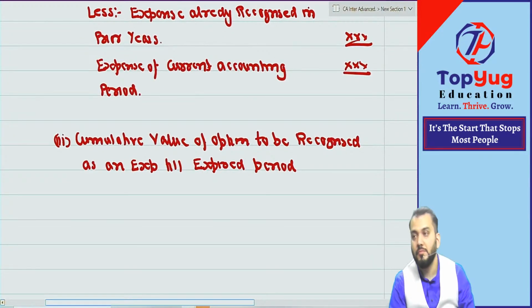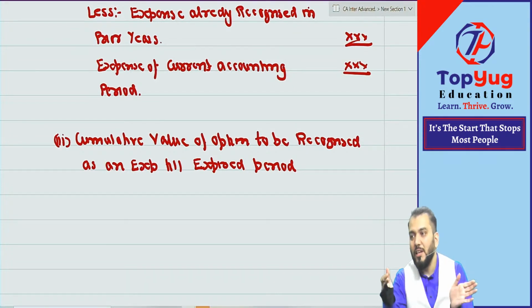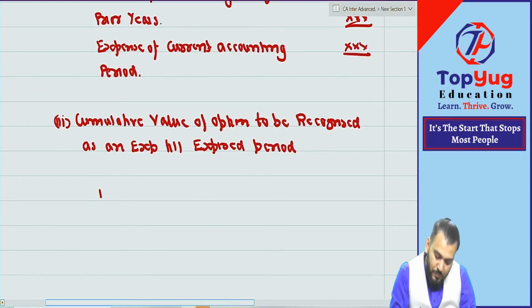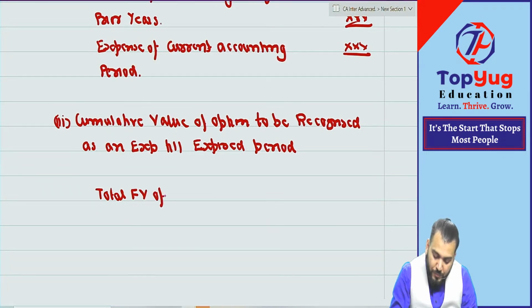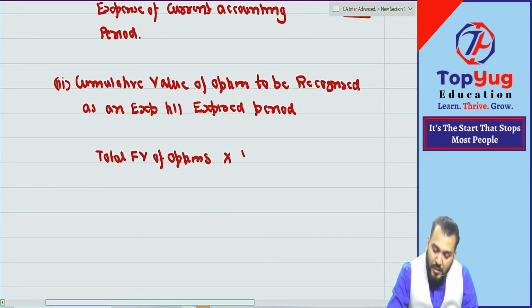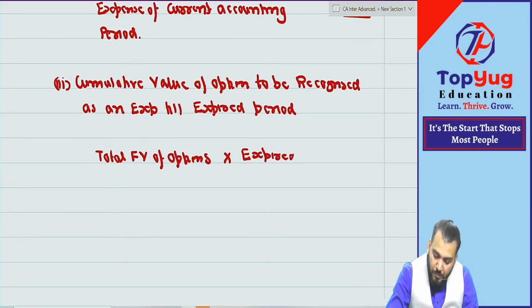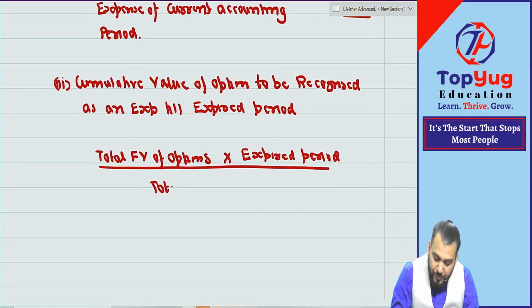First we'll calculate the total fair value of options, multiplied by the expired period, divided by the total vesting period.